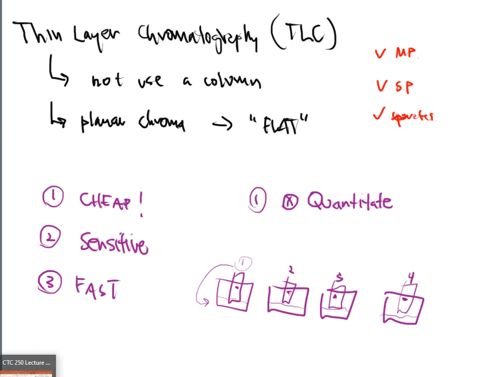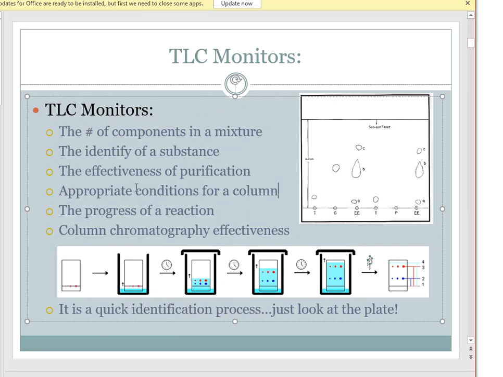That saves me time from going to the actual instrument and changing all of the settings and only doing one run at a time. So appropriate conditions for a column, that's what we mean when we say that.